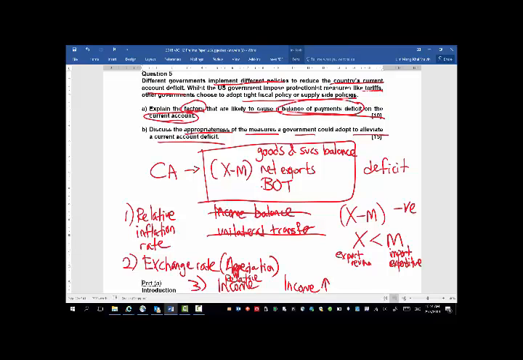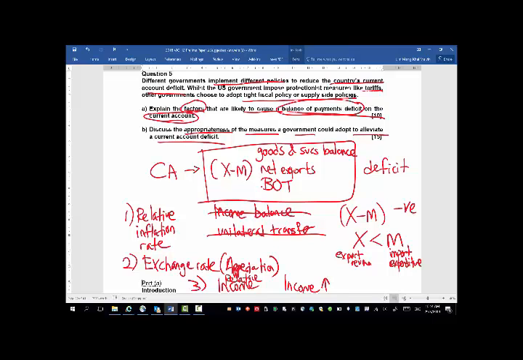You will consume more imports because imports are income induced. When you earn higher income, higher purchasing power, you will buy more imports as a result of that. And with that, your import expenditure will increase. Assuming ceteris paribus, your X minus M decreases.